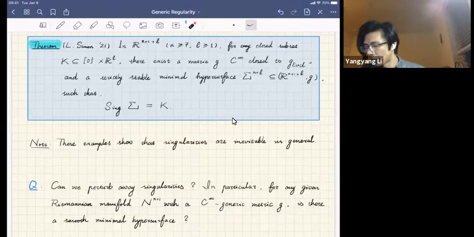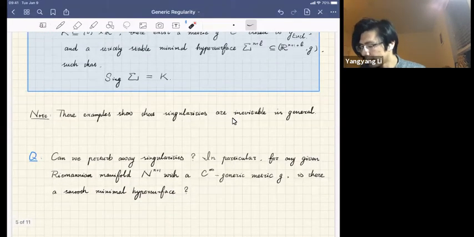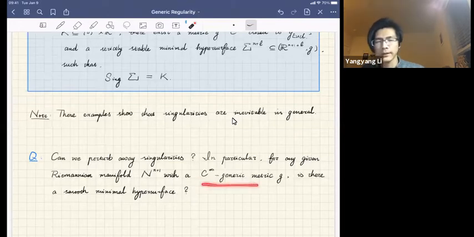In particular, is it possible that for any given Riemannian manifold, with a C infinity generic metric g, there exists a smooth minimal hypersurface? By the way, generic means that the complement of this set should be nowhere dense, a countable union of nowhere dense subsets. So this is in the Baire generic sense.